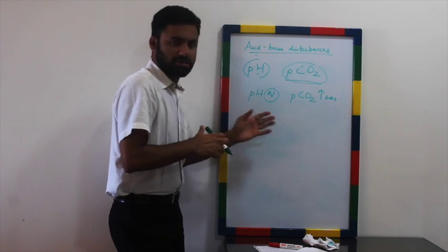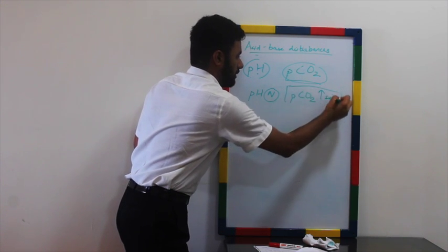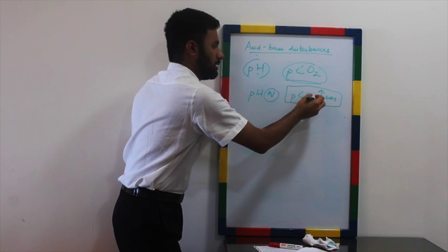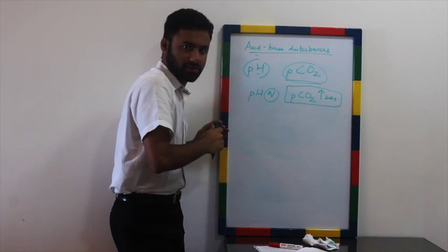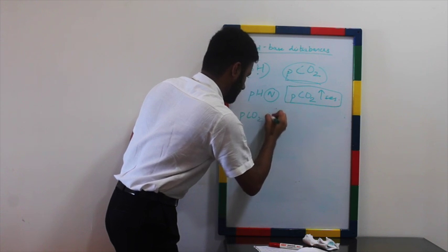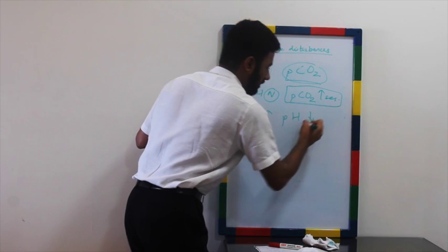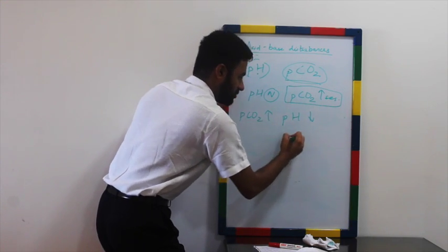So what this means is that there is a respiratory acidosis with a metabolic alkalosis. Why? Because if the PCO2 increases, the pH should decrease. But there is some other factor that is causing the pH to increase.